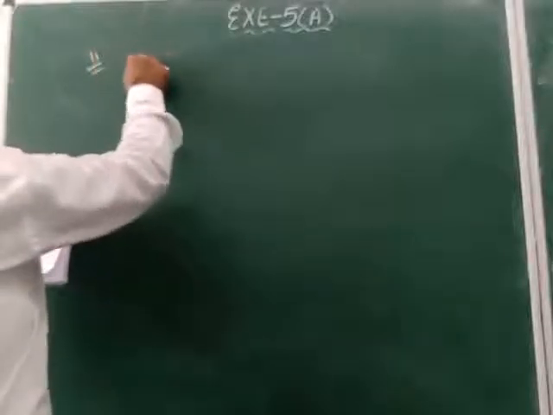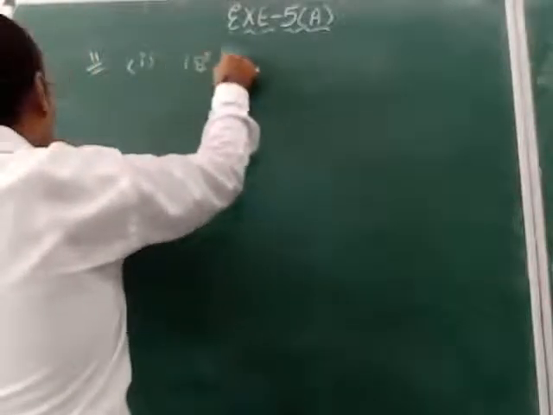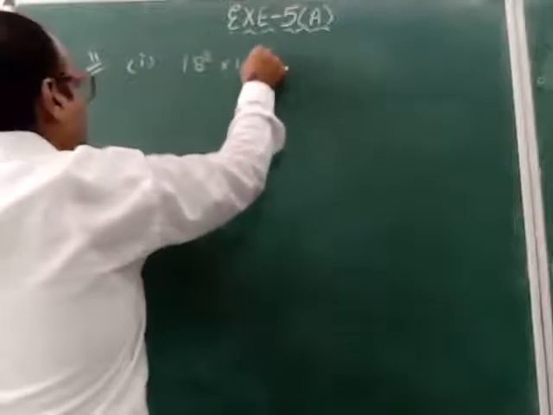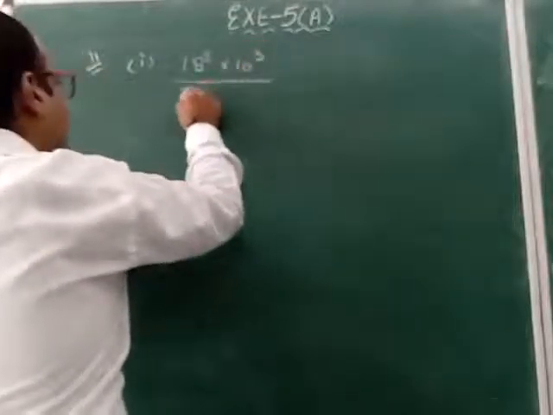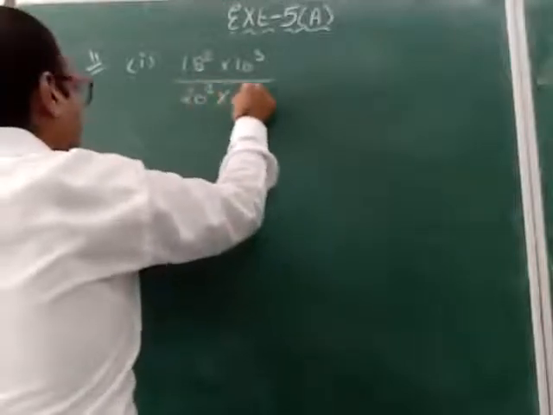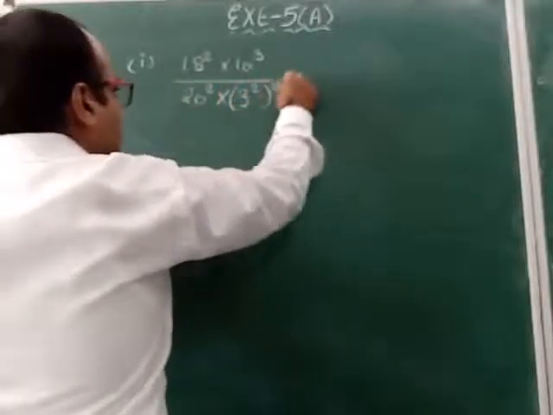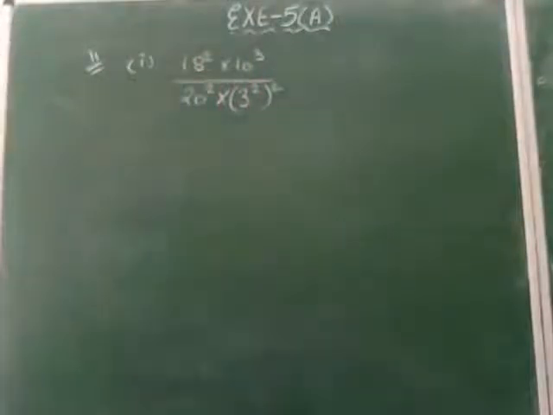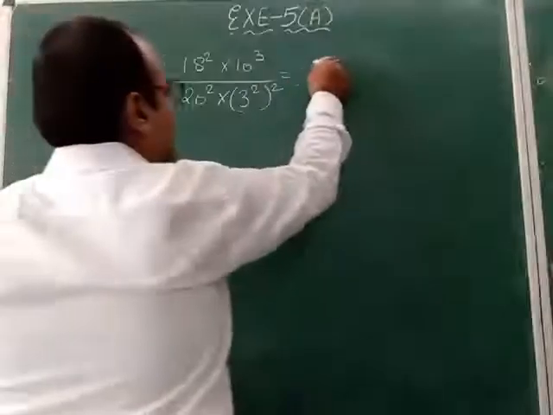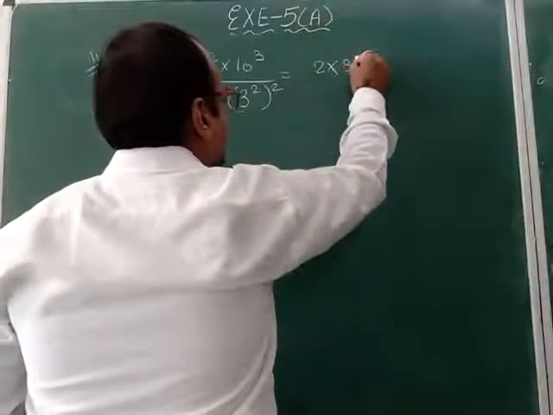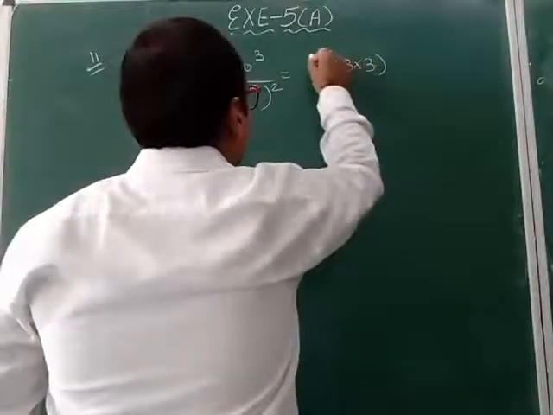First part, 18 square multiply 10 cube upon 20 square multiply 3 square, whole square. First of all, we will take the prime factors. The prime factors of 18 will be (2 multiply 3 multiply 3) whole power 2.